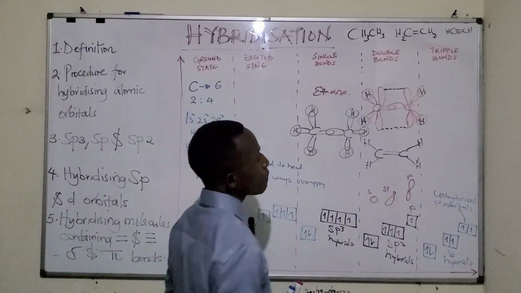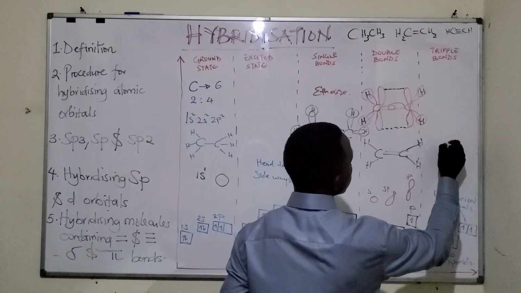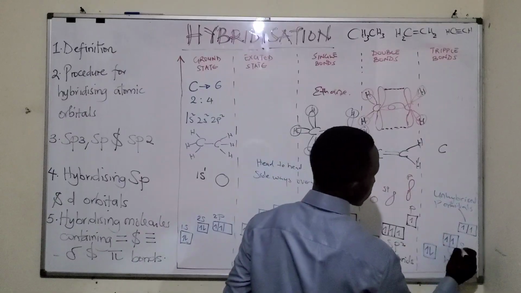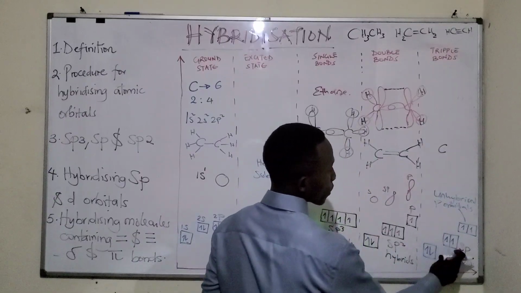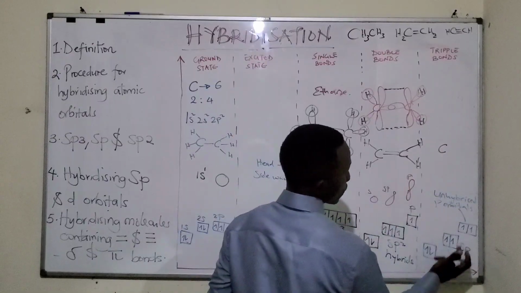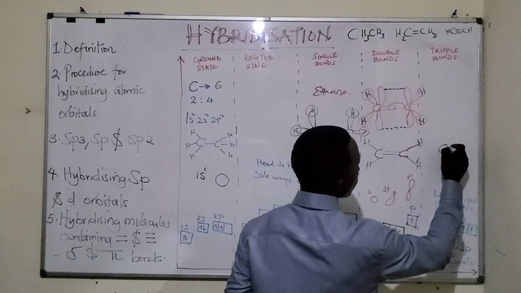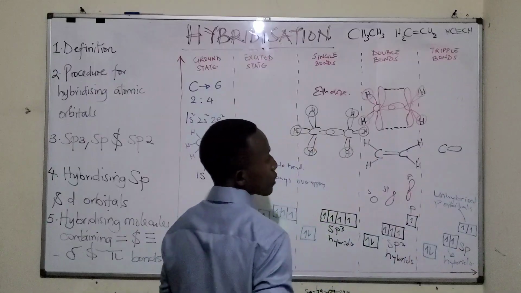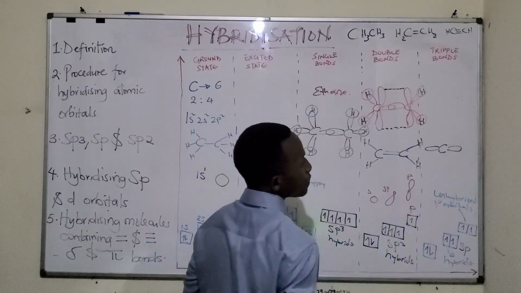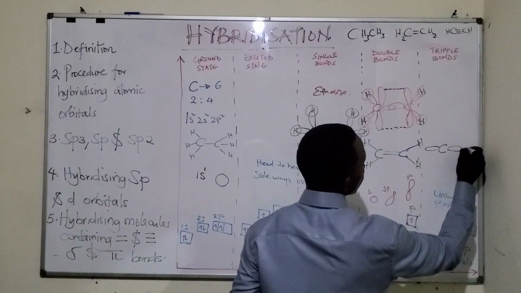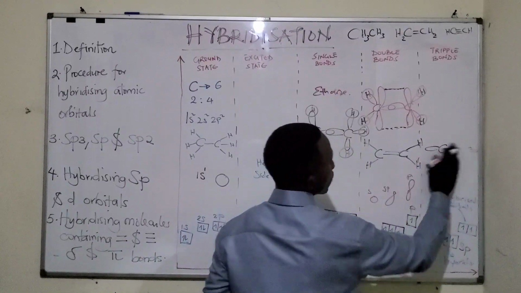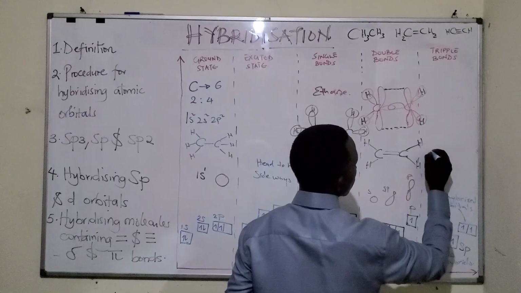So we shall have a carbon having two hybrids. It is sp, one s and one p, so they are sp hybrids. We shall have one hybrid and another hybrid on this carbon, and the other carbon will also have one hybrid and another on the other side.